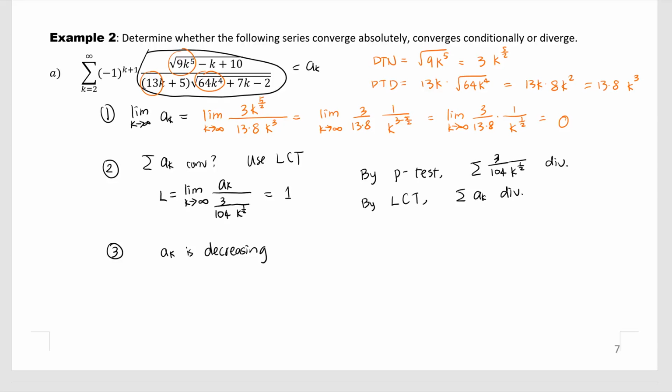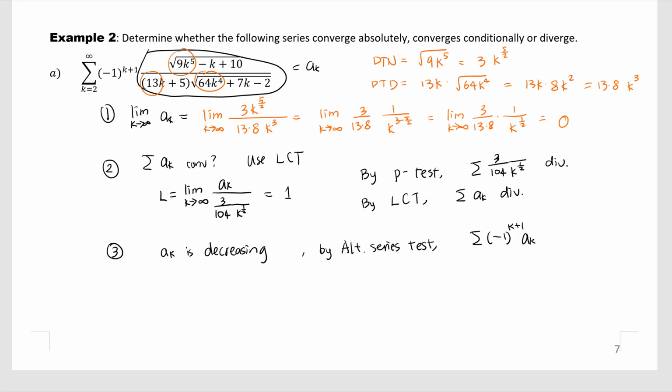Eventually, okay, maybe the first couple of terms are not decreasing, but eventually it is decreasing. And we already showed that the limit of a sub k is 0 in the first step. So by the alternating series test, here this is (-1)^(k+1) because our problem is to the power of k plus 1, so we copy that down.